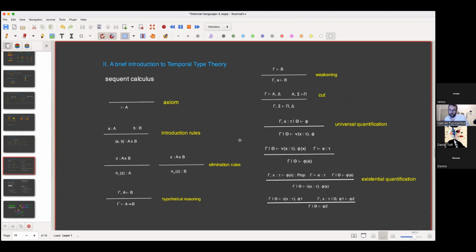And you have these things called introduction rules, which, given things of two different types, like capital A could be chairs, and capital B could be spoons, then you can form this tuple composed of a chair and a spoon. It's a chair-spoon type.